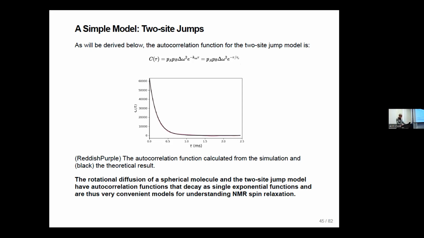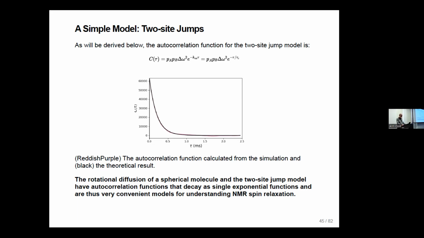So if tau is 0 here, what's the value of the correlation function? If tau goes to 0, PAPB delta omega squared. And when tau equals 0, what is that statistically?